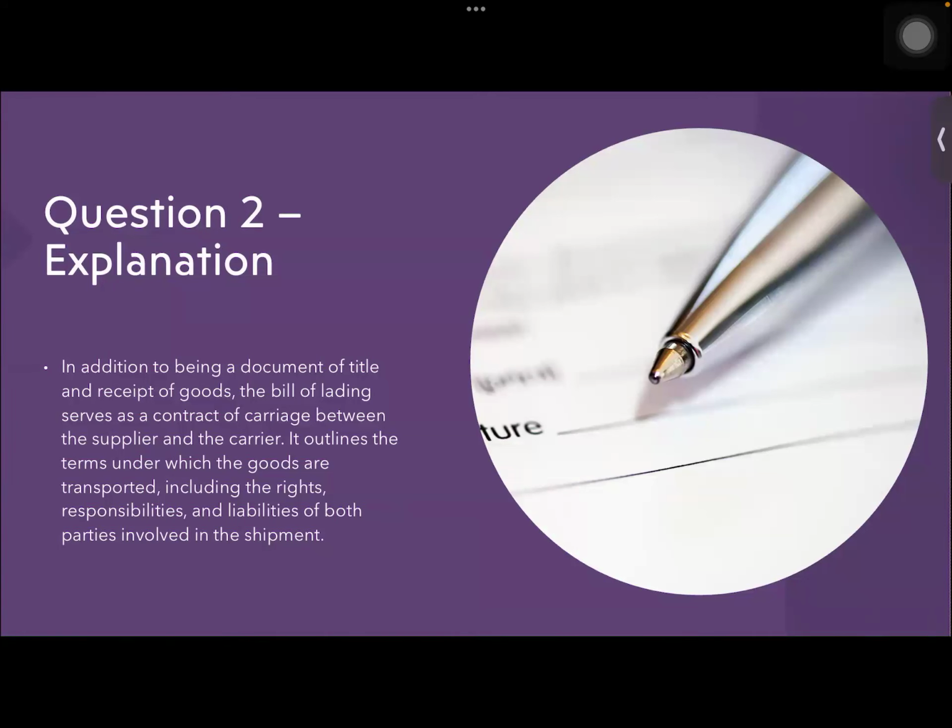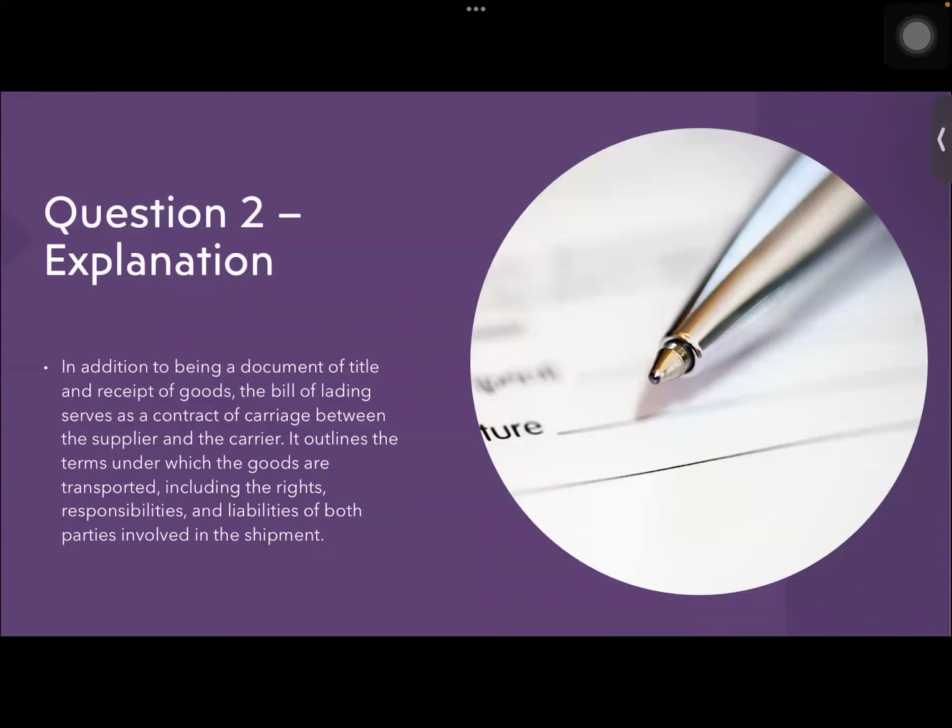It is basically the contract terms for transportation, between the buyer or seller on one side, and the other side would be a carrier or any transportation service company. It may play a role as the title of the goods, since the goods are on the ship with the shipper.